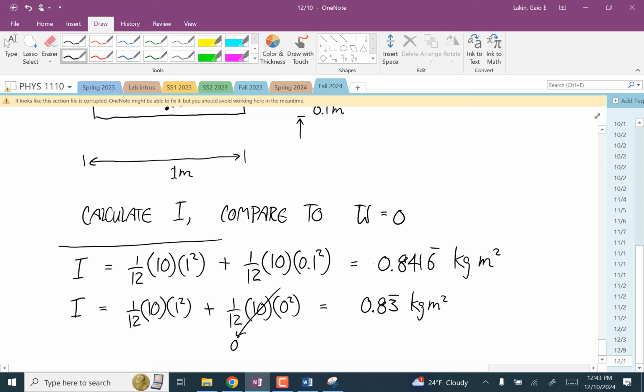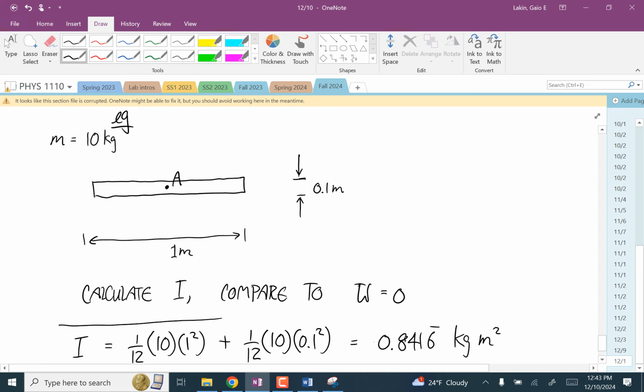Okay, so even though the thickness was 10% of the length, our answers are a lot closer than that. And it has to do with the fact that we're squaring both of these. So what we had here is the length and width were 10% apart, but if you square them both, the width squared is only 1% as big as the length squared.